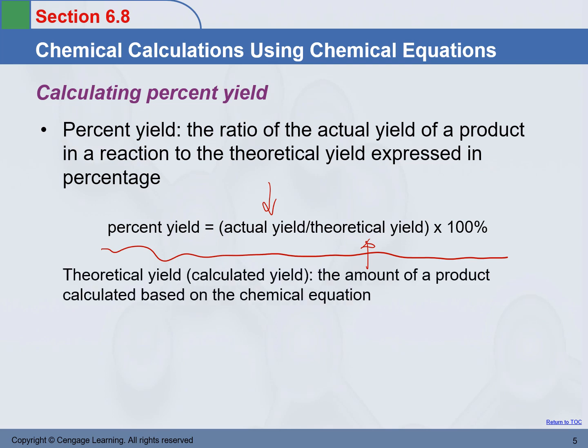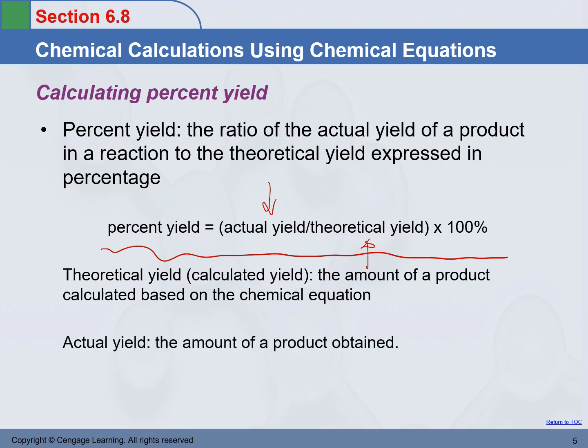Well, theoretical yield is the so-called calculated yield. It is the amount of a product calculated using the chemical equation: given the amount of the reactant, calculate how much product could have been produced based on the equation. That's called the theoretical yield.